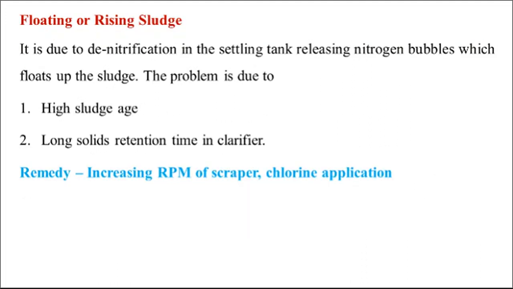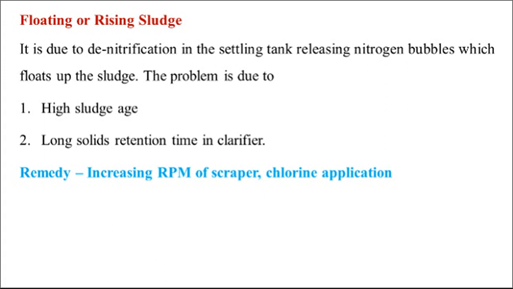Then the next cause is floating or rising of the sludge. It is due to denitrification in the settling tank, releasing nitrogen bubbles which float the sludge to the surface. This problem is due to high sludge age and a long solids retention time in the clarifier. So what will happen?